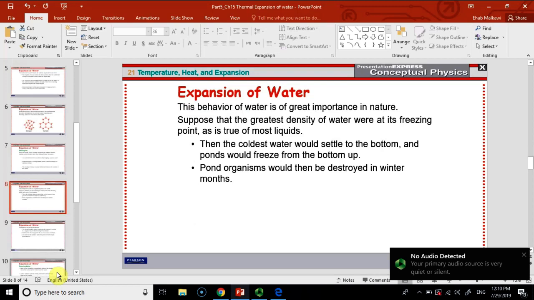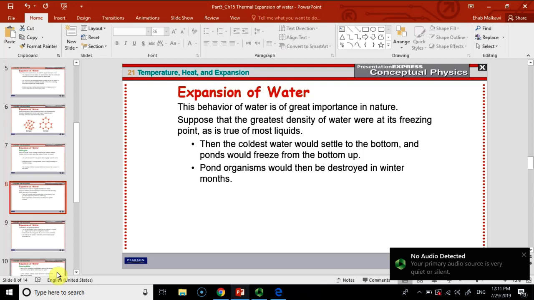Now, the behavior of water is of great importance in nature. Think about it. Suppose that the largest density of water happened at the freezing point at 0 degrees, which we know is not correct. So what will happen in this case?